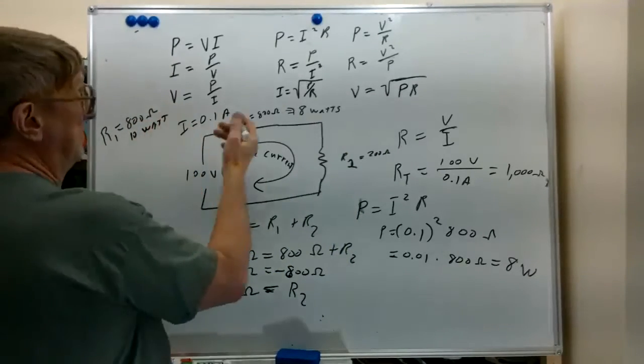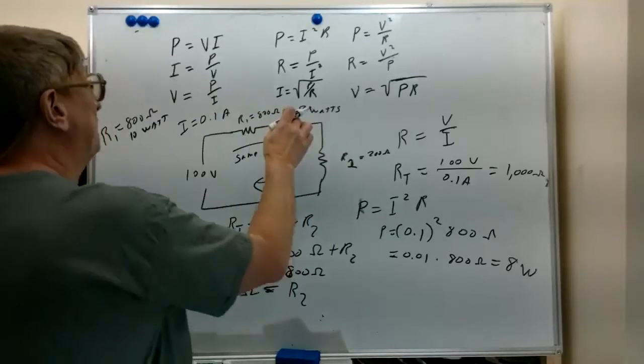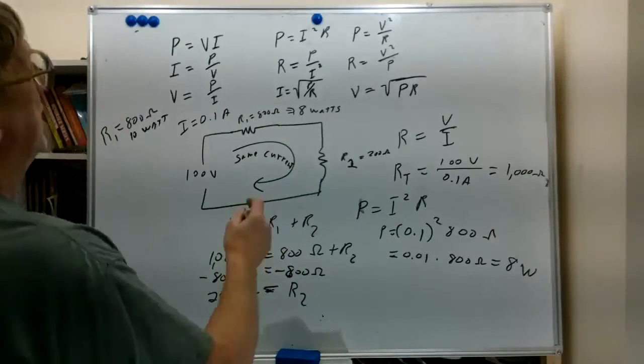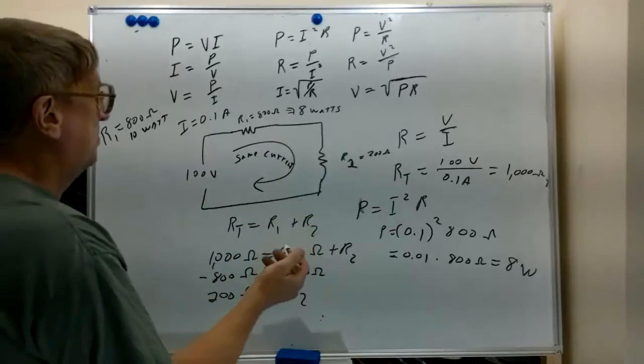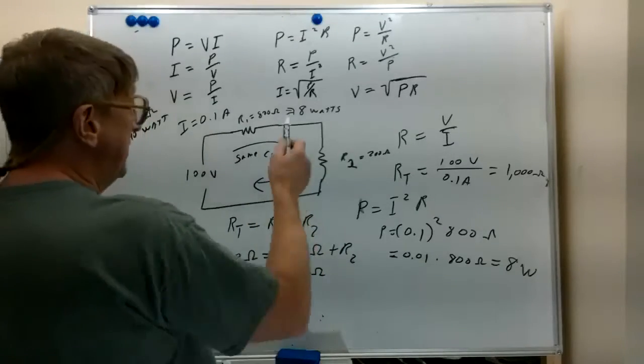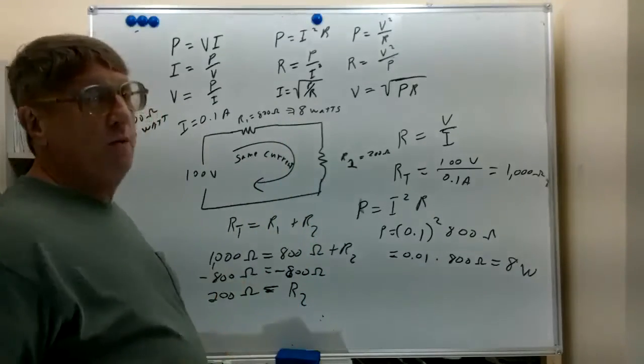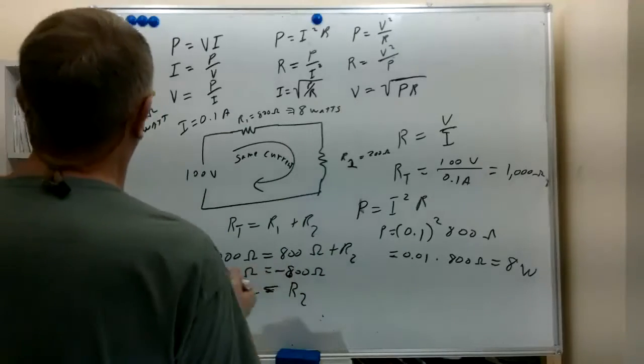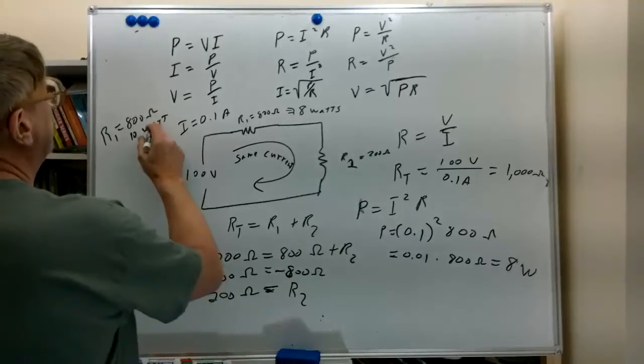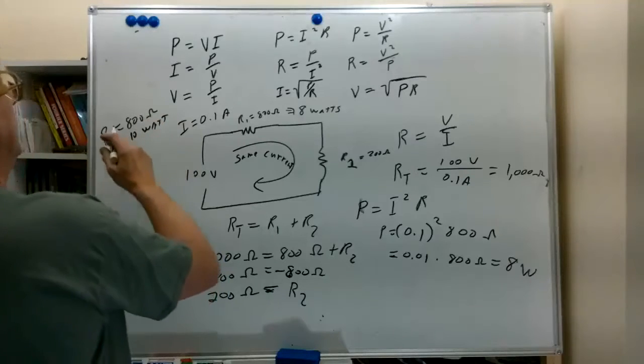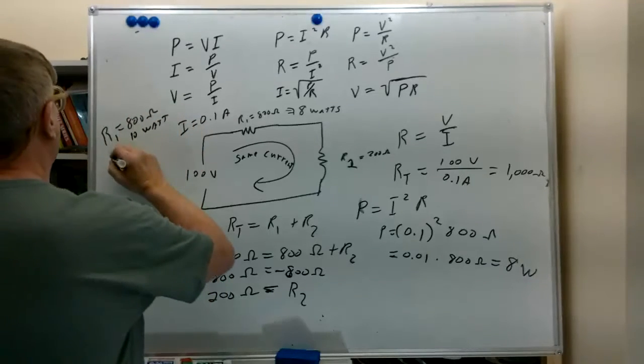As long as it's greater, you'll be fine. If we put a 4 watt resistor in here, it will eventually overheat and probably burn open. If we put a 20 watt resistor, it can dissipate that 8 watts all day long with no problem. So we're probably going to be choosing something like an 800 ohm 10 watt wire wound resistor.